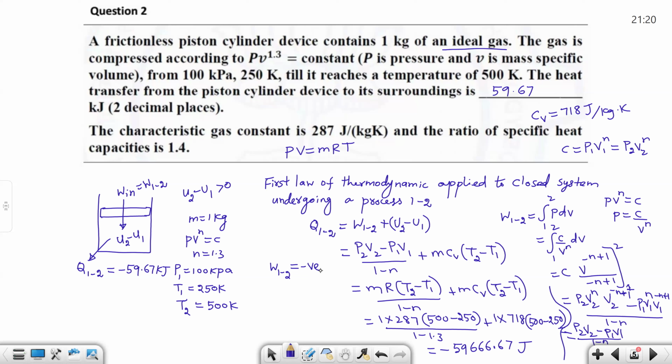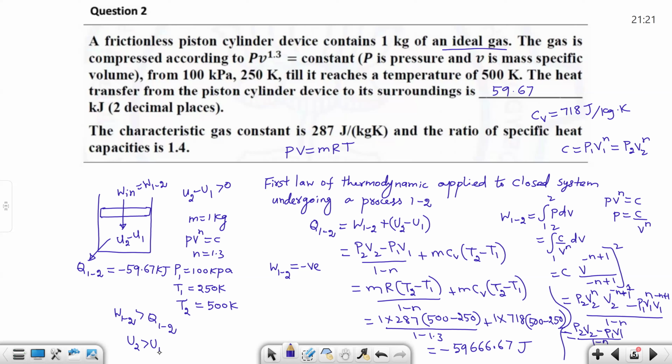That will give you a negative sign because work is given into the system. So the work which is given into the system should be greater than the heat going out of the system. That is the reason why your U2 is greater than U1, because the energy of the mass is getting increased. That is why the change in internal energy is positive.